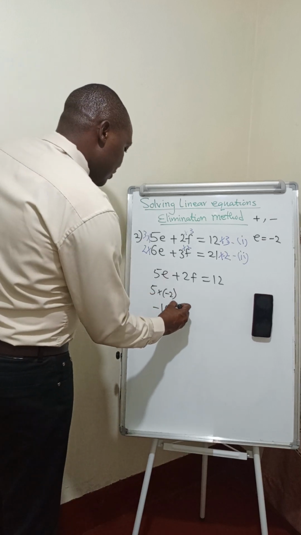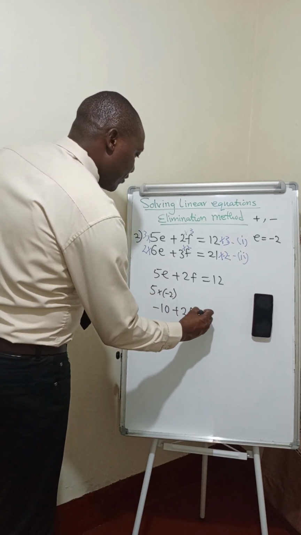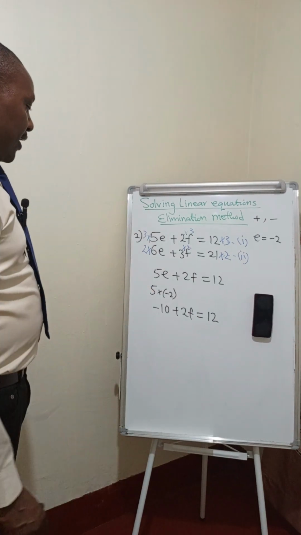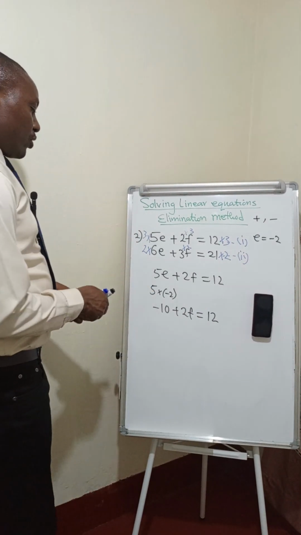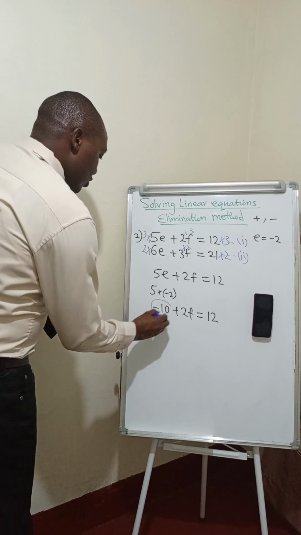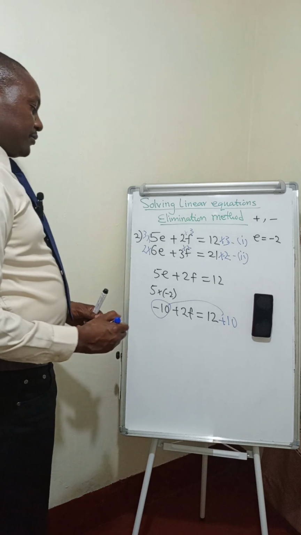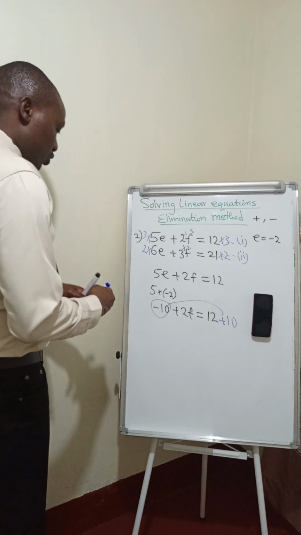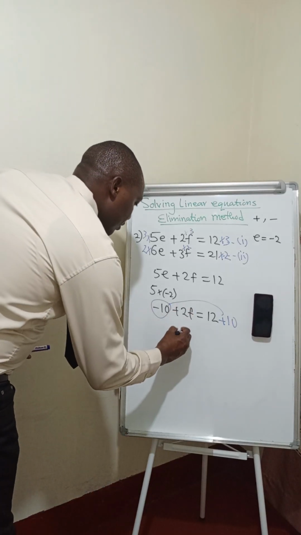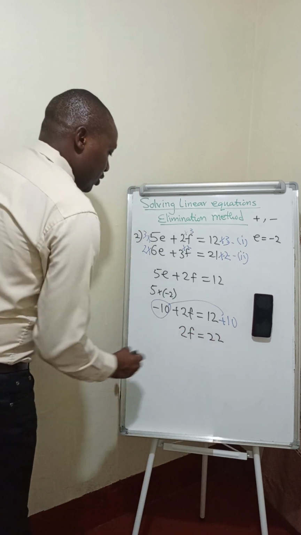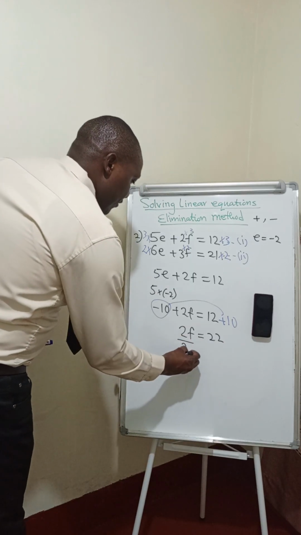Now plus 2f, we don't know the value of f, we are looking for the value of f, is equal to 12. What do we do? We can collect the like terms. This known can come this side to be +10, right? So 2f is equal to 22.